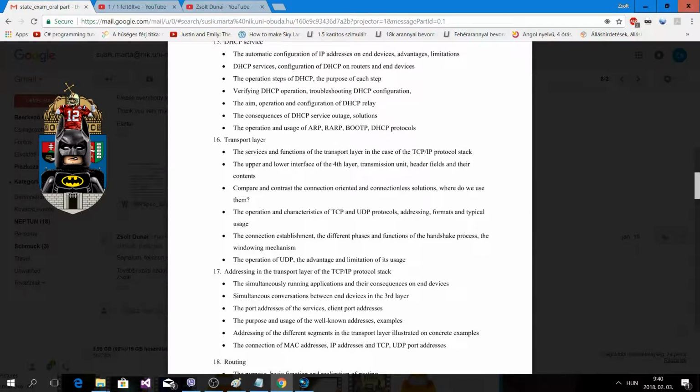That means that TCP during the handshake will realize how many resources the destination has, therefore it will not send more traffic than the destination can handle, so there will be no flow control problem. If we send too much data, then the receiver will not be able to receive everything. So basically that's all about TCP, and it has a higher overhead, of course. UDP is connectionless.